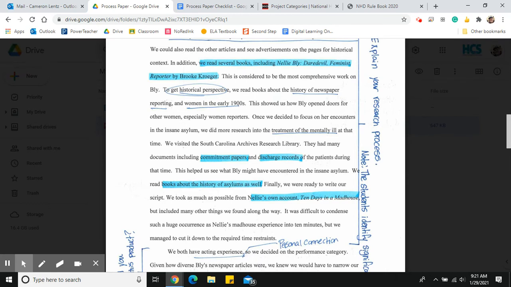Obviously, we didn't take any field trips this year because of COVID-19. But we did go through a research process. We walked you through looking at tertiary sources like encyclopedias first, and then you developed an understanding of your topic, and you came up with a statement of control and purpose.